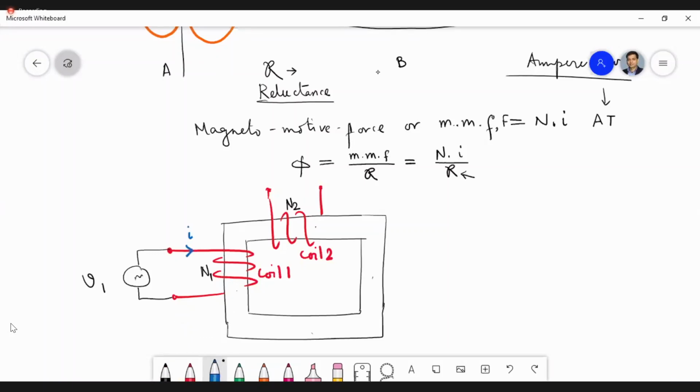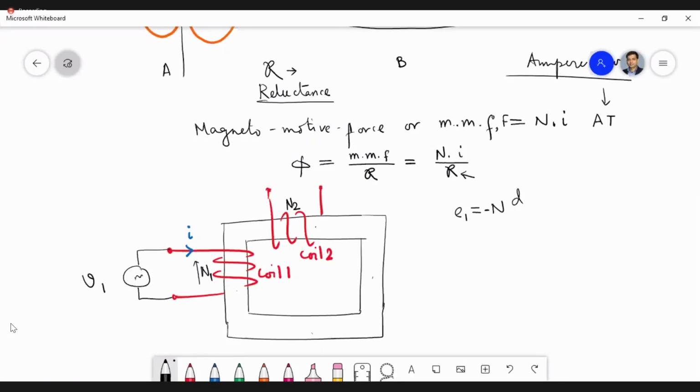Now there will be some current, current I will flow. Just like the previous case, here also some voltage will be induced. And how will you define the voltage E1? Either you can use N d phi dt or N L di dt.